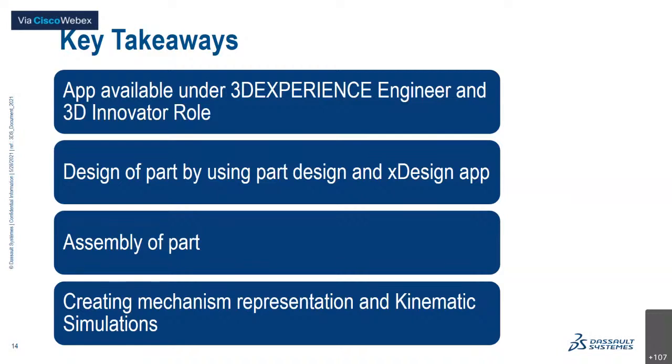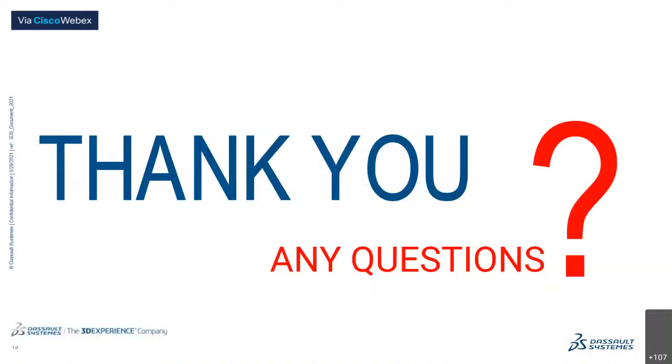Then creating the mechanism in the native application, that is mechanical system design and mechanical system experience, by using the kinematic simulation. So thank you everyone for quietly listening and doing all the exercises. If you have any question, please feel free to ask in the comments.